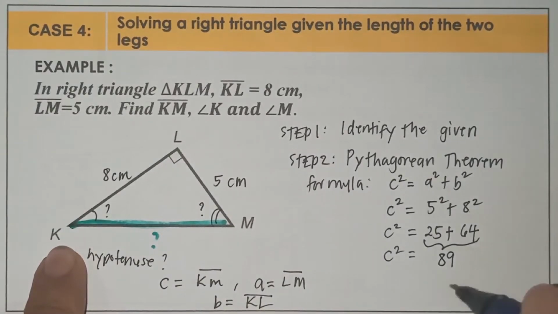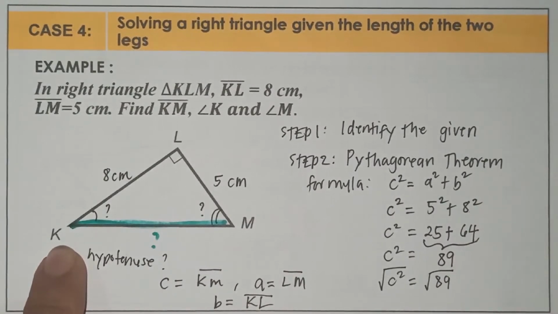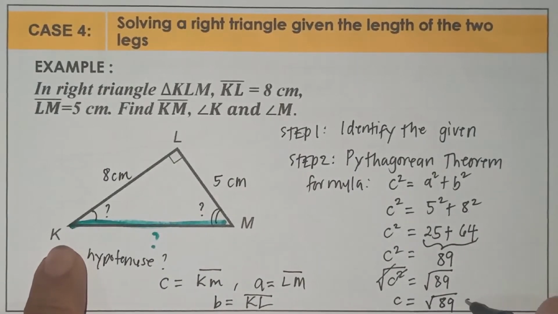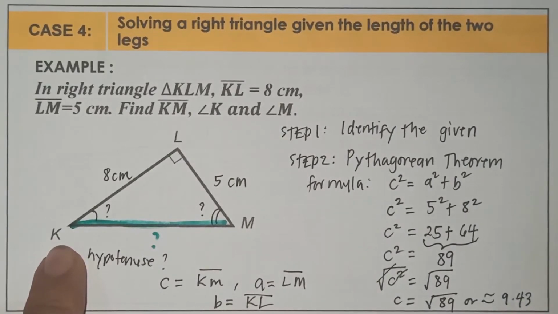The next step will be C square is equal to 89, squaring both sides, and the result is, we can remove the square root and the square. C is equal to the square root of 89, or that is simply 9.43, as you use your calculator.